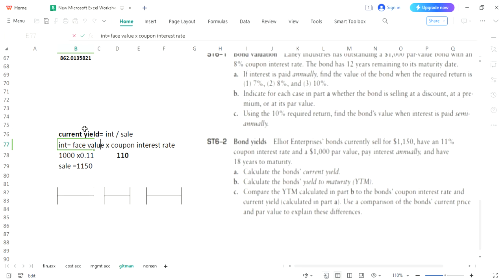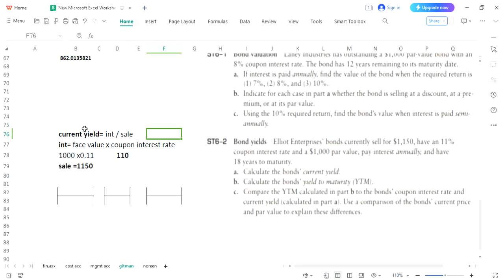Whenever you want to calculate your interest, you will apply percentage of interest upon face value. Face value was 1000, rate was 11%, and hence you have calculated 110. While sale price is given in the question, which is 1150, it's time to calculate our yield.